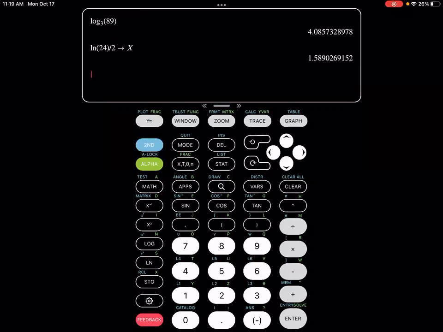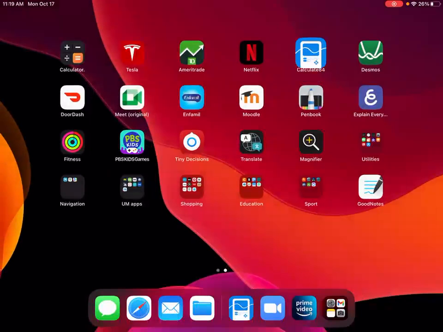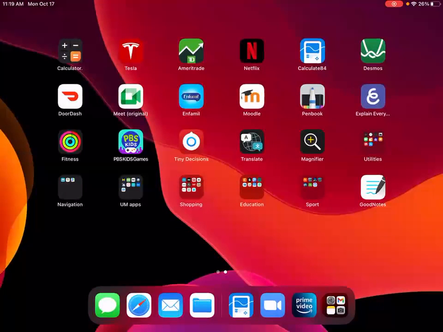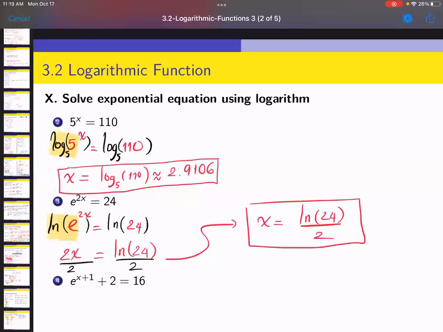And I got e to the something, 2x. It's 24, so it's checked, right? So that means you got the right answer. Now, if somebody says ln 12 and checks this and looks at 24, you know you got it wrong.